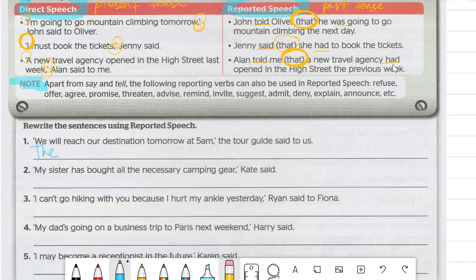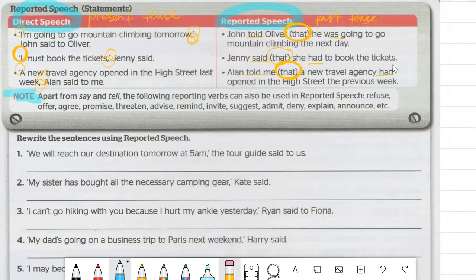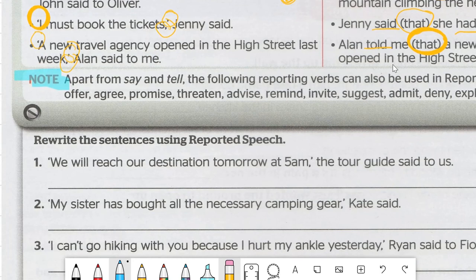Okay, the tour guide told us, or you can also use other reporting verbs.